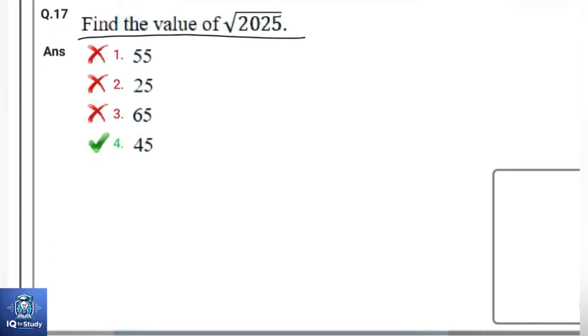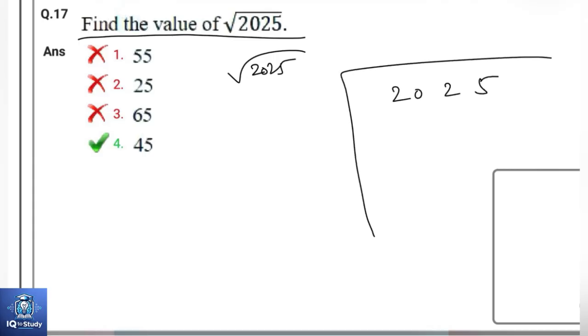Find the value of square root of 2025. Square root of 2025 can be found by using this method. 2025. Let's take two values. We know that 4 into 4 is 16 and the remainder will be 4, and double this, it becomes 8, and here the leftover value is 25.